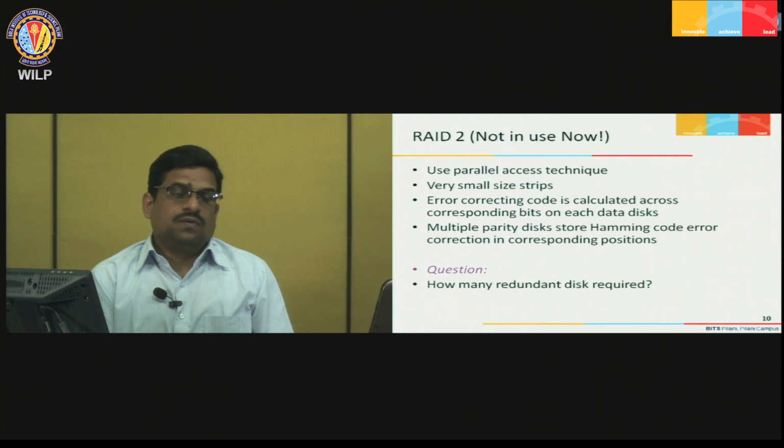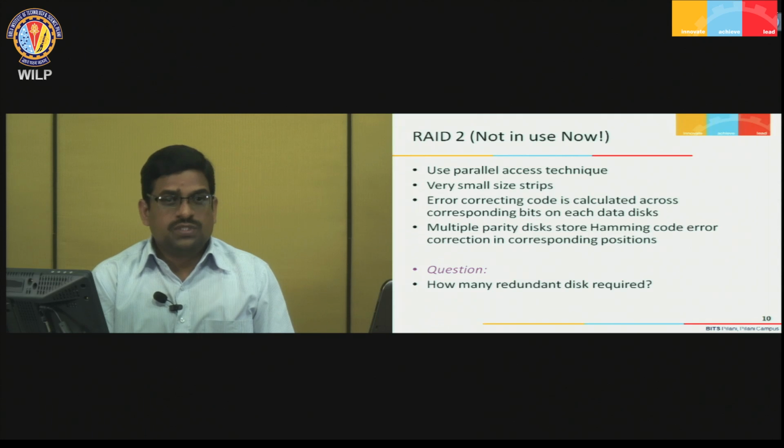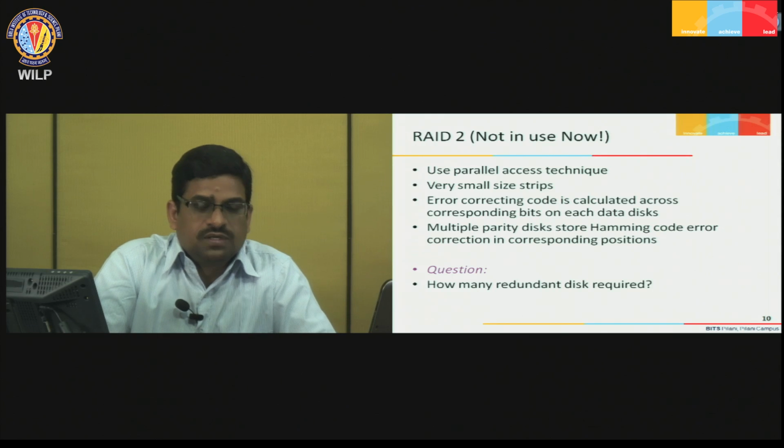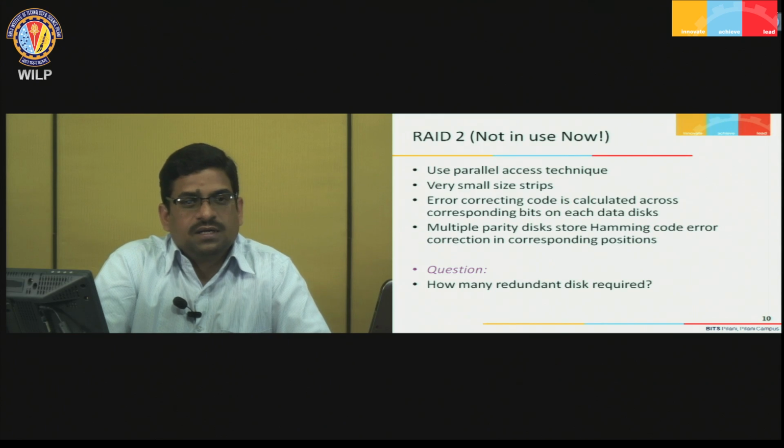RAID 1 has an exact replica of the data, so there is storage wastage. There are certain advantages, which is why RAID 1 is used as a solution for large computer systems. It is very common, because nowadays the cost of secondary storage or magnetic disk is very low.